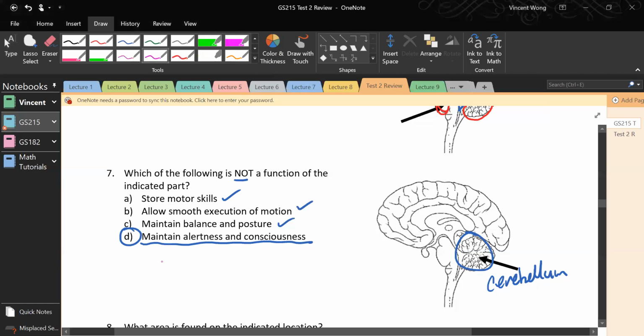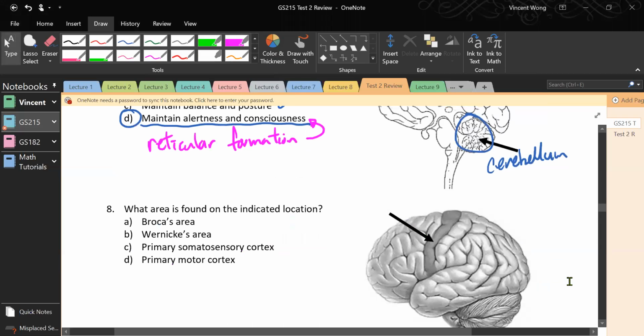If you're thinking about the reticular formation, you're correct. Reticular formation, the web of gray matter that is responsible for maintaining alertness and consciousness.